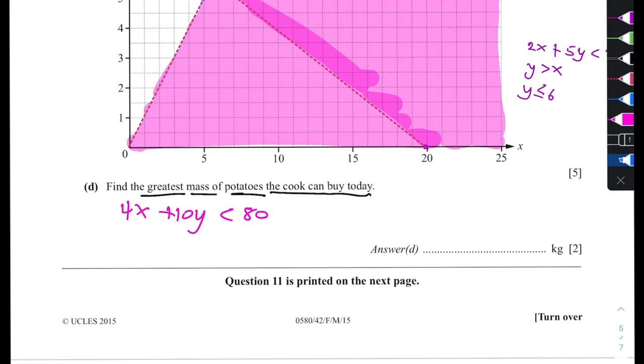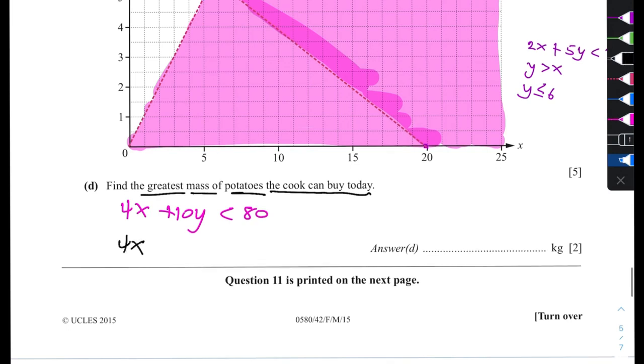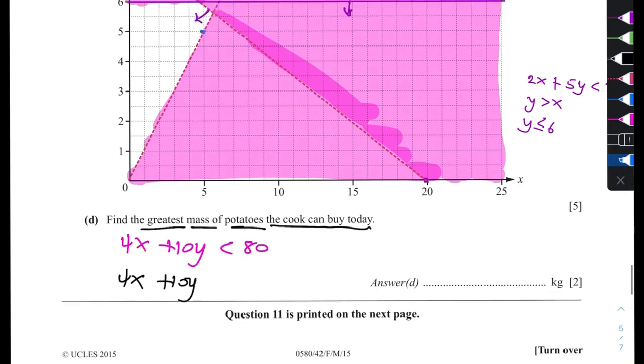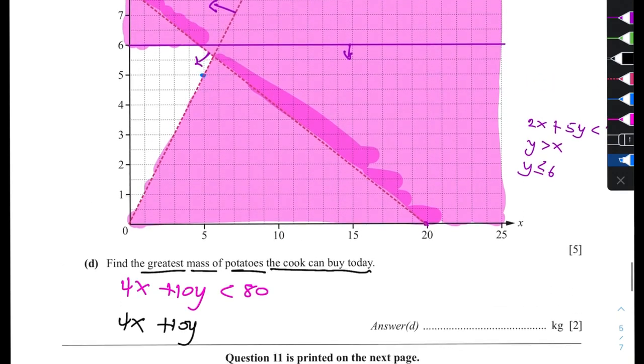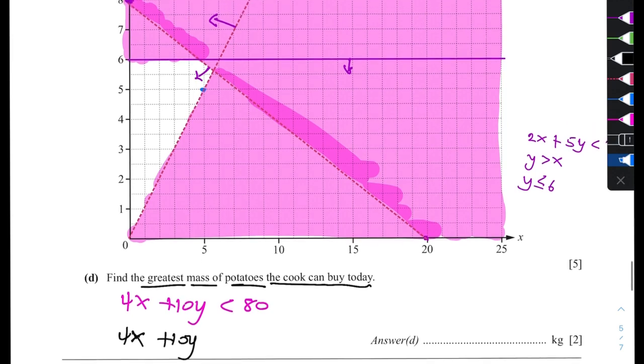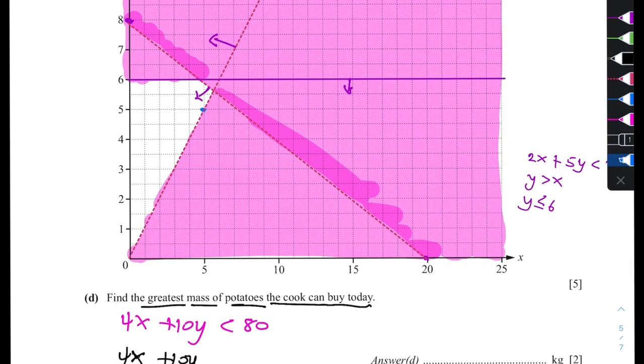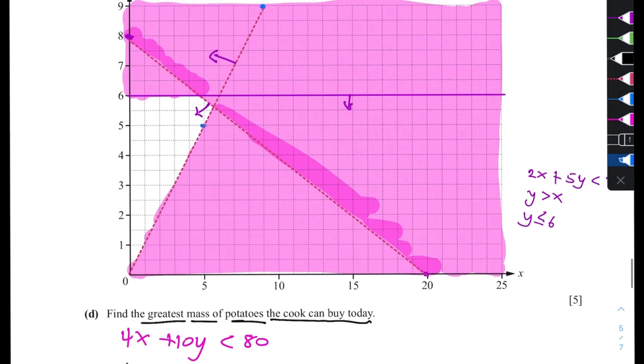But like I said, we are not interested in that less than 80. Our interest is on the 4x plus 10y. Okay, so now we need to work around it and see how we can find the answers that we want. Now, remember, I told you that under no circumstance would you want to use any of the vertices on the broken line.